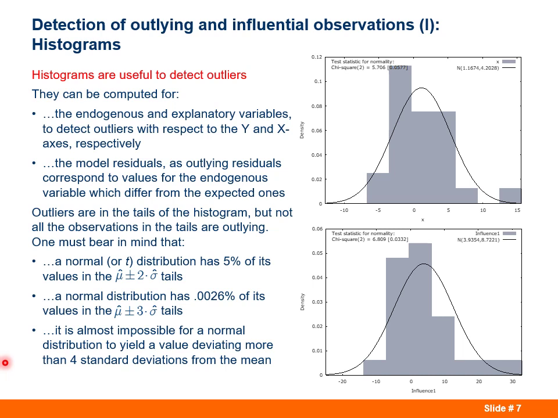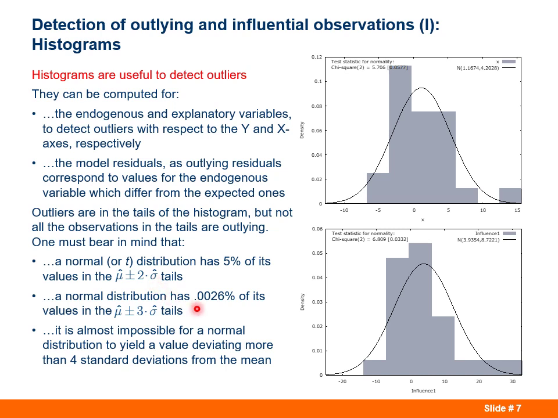First of all, bear in mind that a normal or a t-distribution has 5% of its values outside the range of plus minus 2 standard deviations. So you could expect, under normality or the t-distribution, to have at least 5% of observations over 2 sigmas or under minus 2 sigmas.